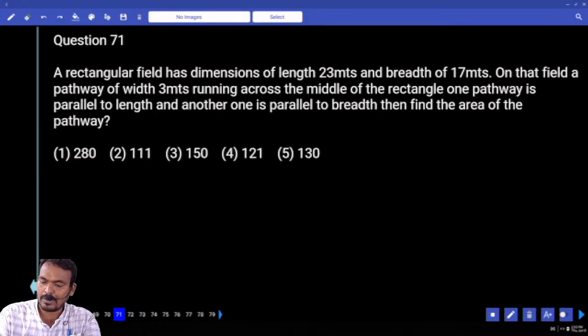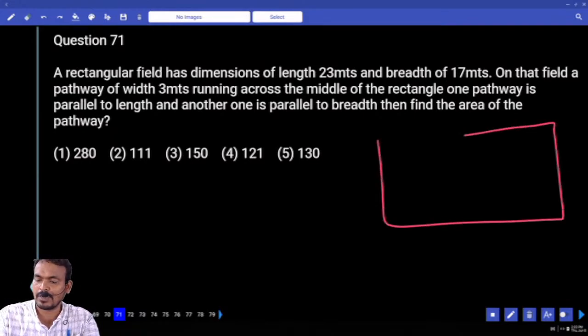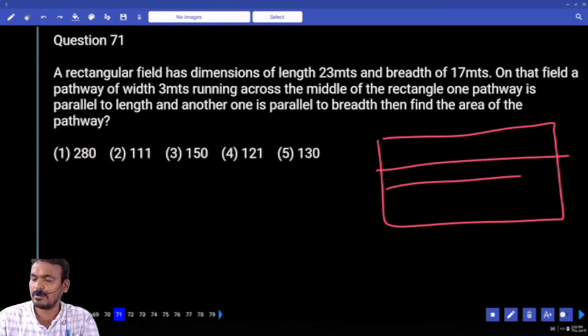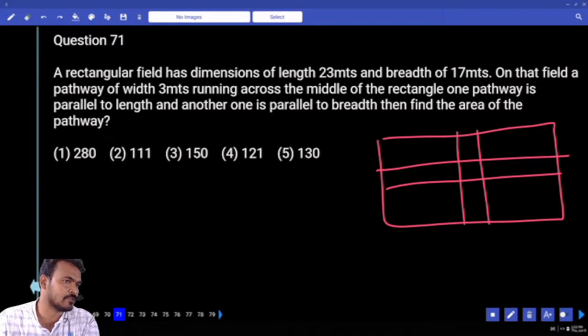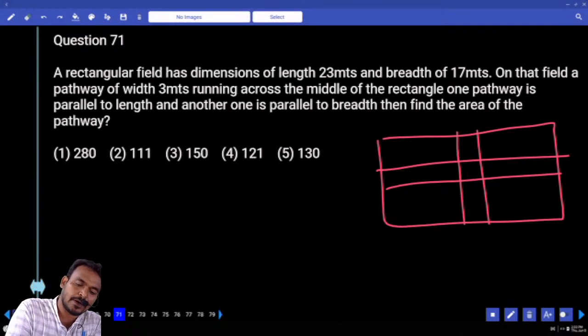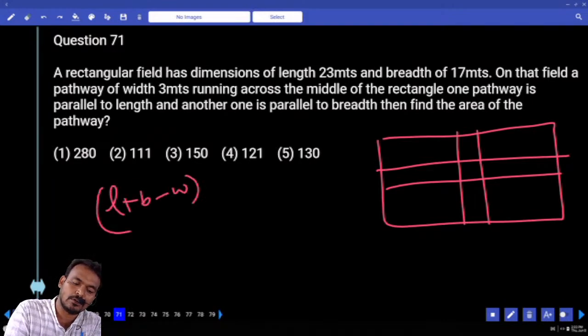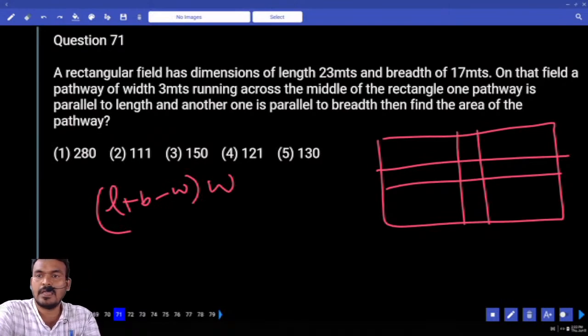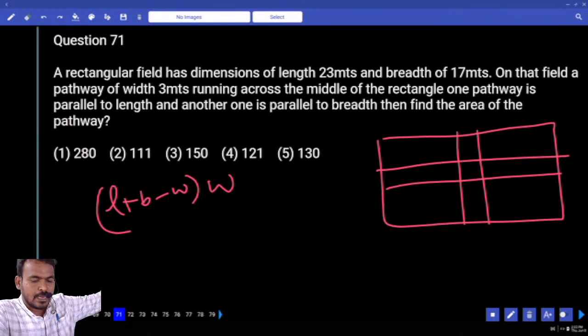We required the area of the entire pathway, which means we write directly L plus B minus W into W. Area of the pathway is equal to L plus B minus W into W.